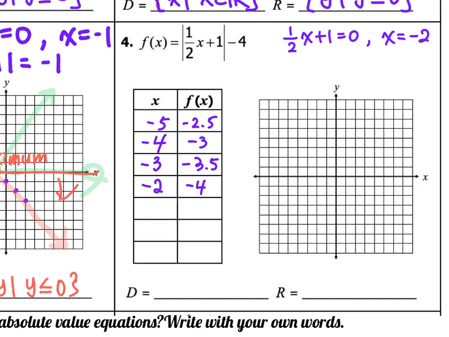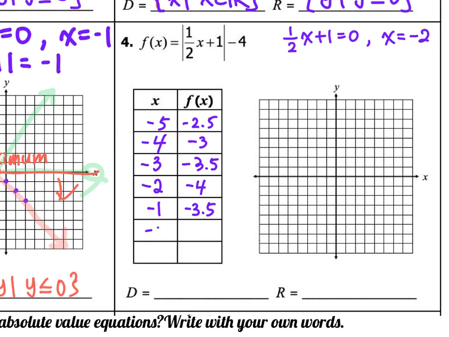It will be negative 4, negative 3, and negative 5, negative 2.5. If you want to avoid the decimal numbers, you can choose different x values, but I think in halves it's easy to mark. So I'm just going as it is.